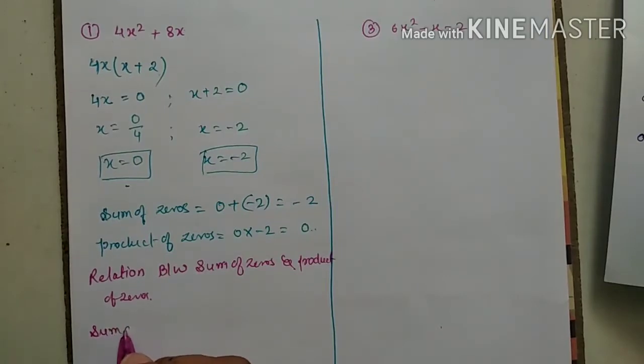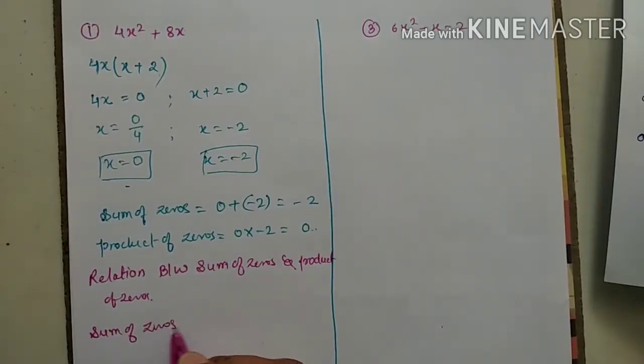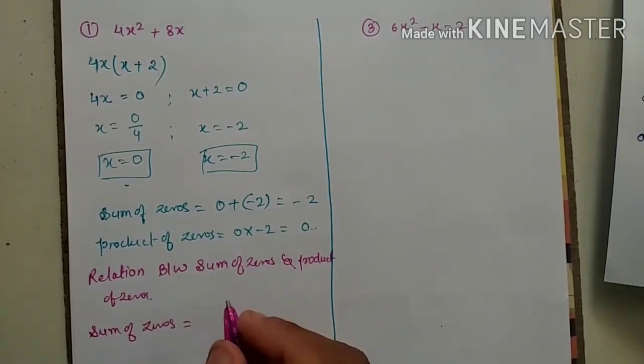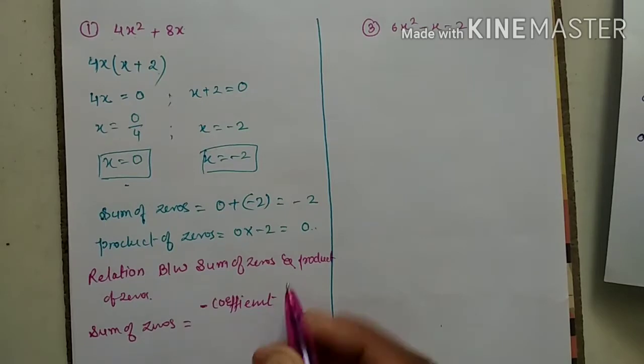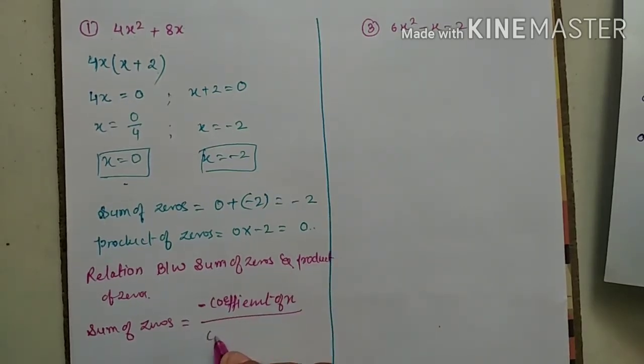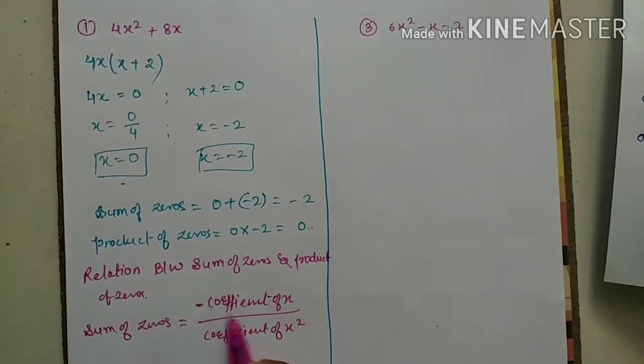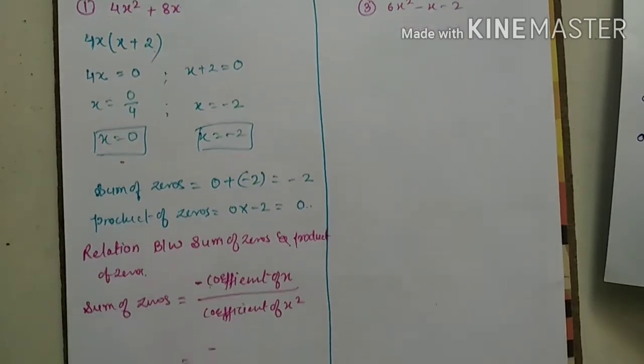Sum of zeros equals what? I have explained the formula. So minus, learn it, minus coefficient of x upon coefficient of x square. Understand? Minus is a part of the formula. Write it down as it is.